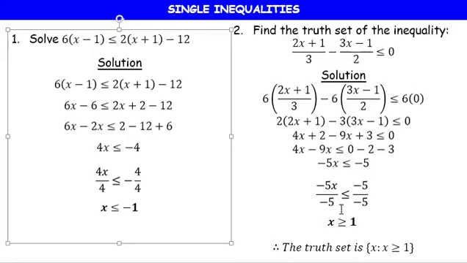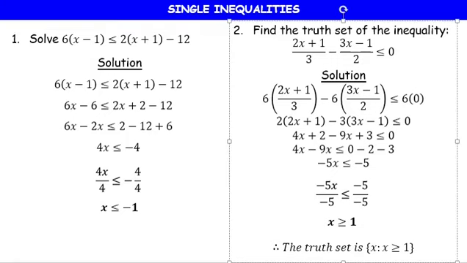Alright, so we have negative 5x divided by negative 5 is less than or equal to negative 5 divided by negative 5. So like I told you, whenever you are dividing both sides by a negative coefficient, the direction of the inequality turns to the opposite direction.